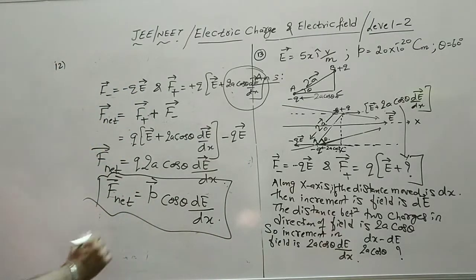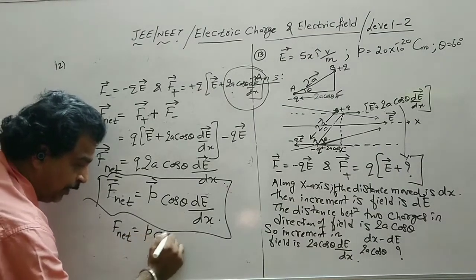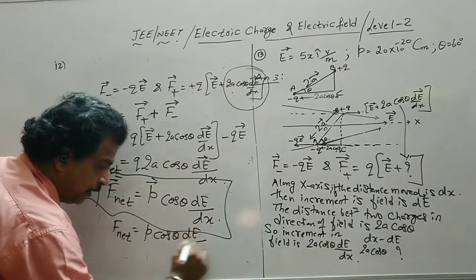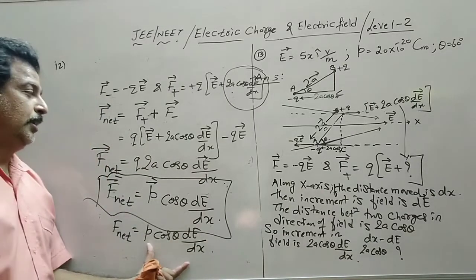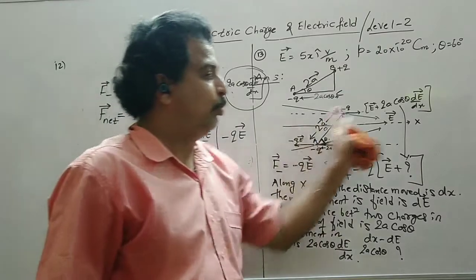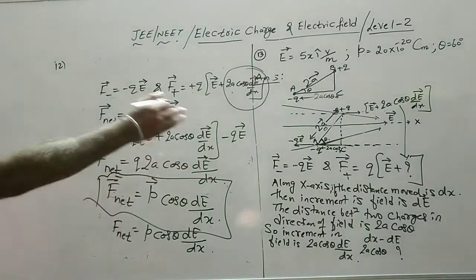Now I have to find out the magnitude only. So F net can be written as P cos theta dE by dx. So it is in terms of magnitude. Direction, it is always found to be in the direction of the field, along the x-axis in this case.